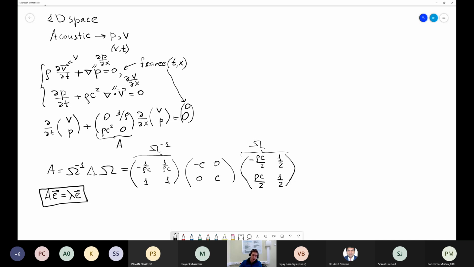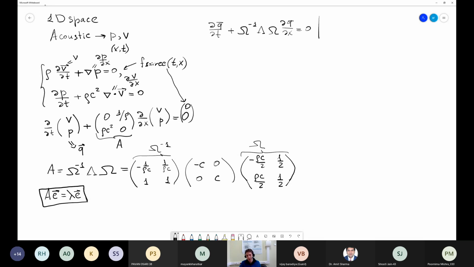So let's represent this equation. Let's introduce some new notation. The vector q: the first coordinate is equal to the unknown function v, velocity, and the second to p. So dq over dt plus, instead of matrix A, we will put here omega minus 1 lambda omega dq over dx equal to 0.